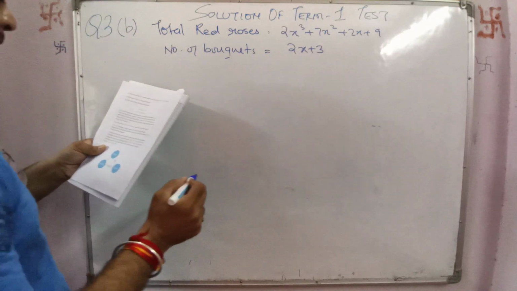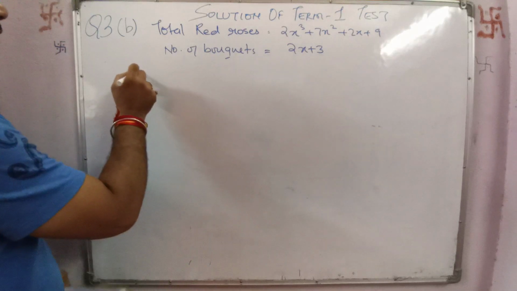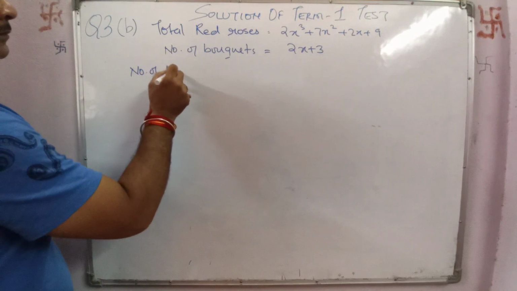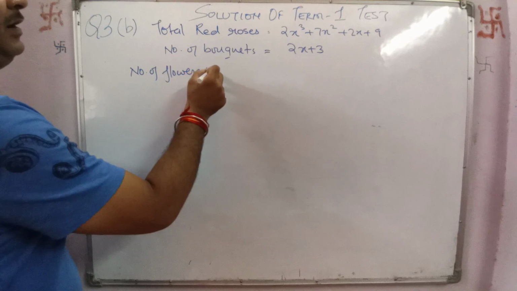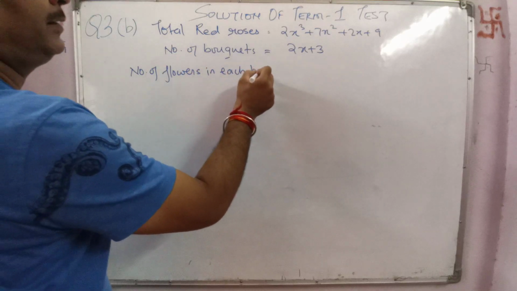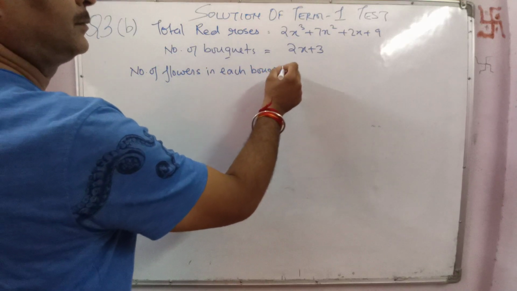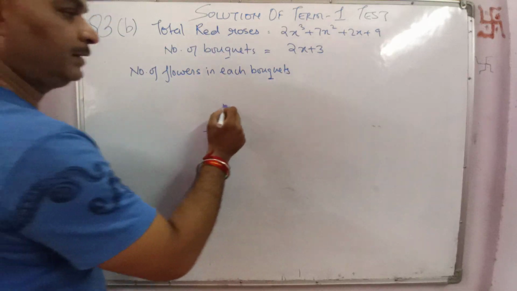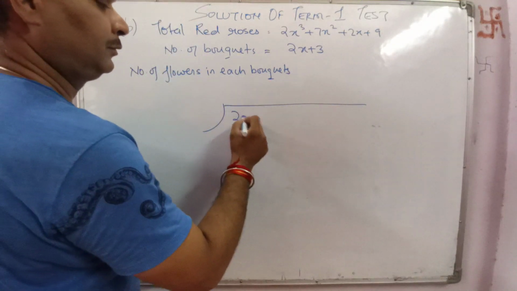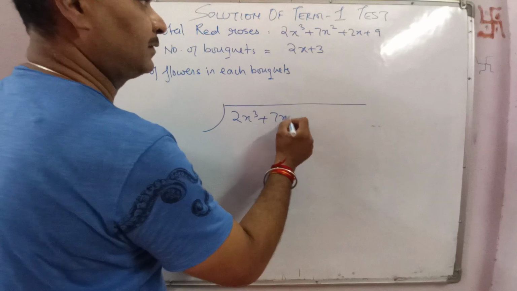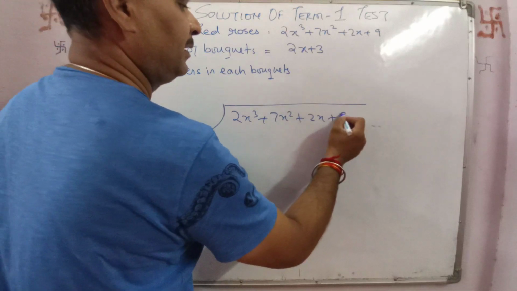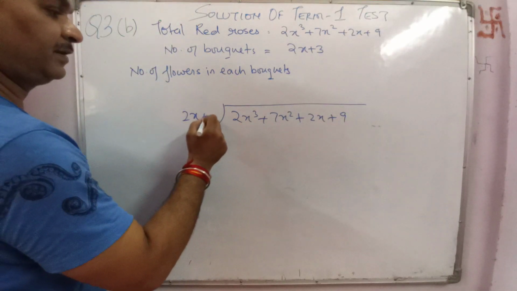So we will divide 2x cube plus 7x square plus 2x plus 9 by 2x plus 3.